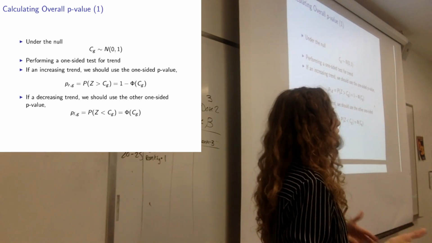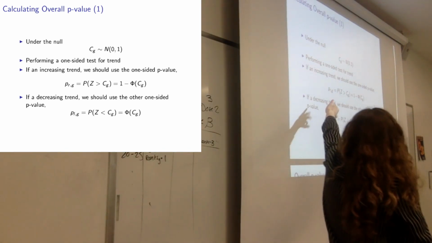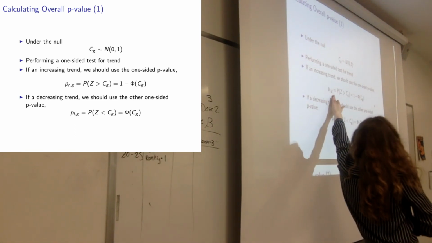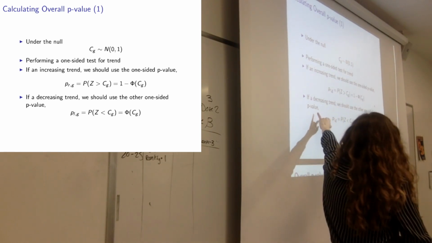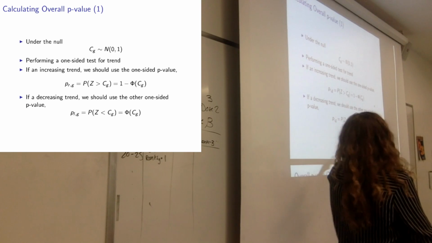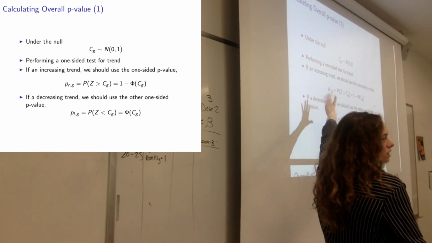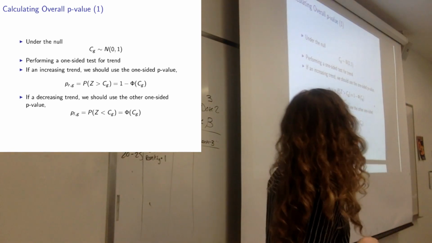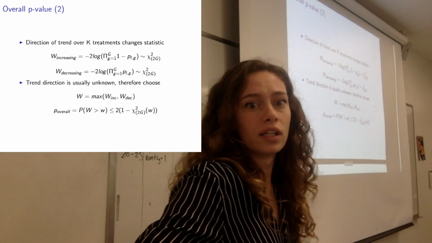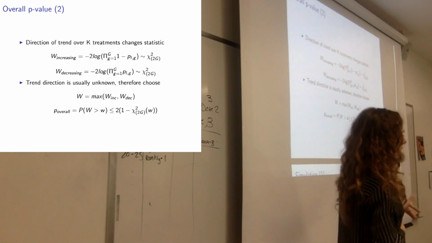But in practice, we don't know what direction that's going to be. So we'll get to that. But the idea is that for PRG, you want the right-hand probability. And then for PLG, you want the left-hand probability. So the idea is you want either one of these p-values, but you don't know which one you want. So the way we account for this is we say, okay, we know that the direction matters.